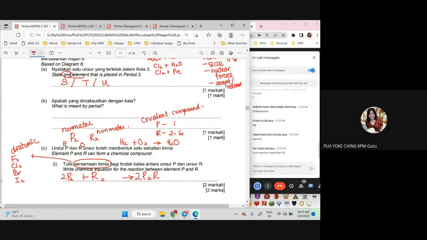Secara semula jadi nak buat persamaan kimia, it must be using diatomic. And then your O2, N2, and your H2. Okay, ini yang biasa kita akan tertinggal. So don't put the H only, don't put the O only. Dia kena ada 2.